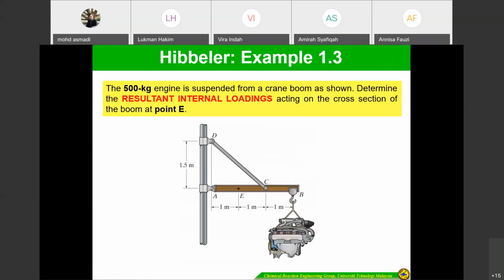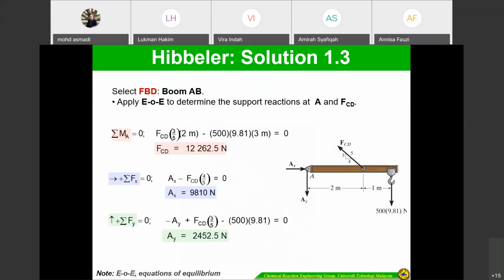The 5,000 kilogram engine is suspended from a crane boom, as shown below. Determine the resultant internal loading acting on the cross section of the boom at point E. What you have to do is draw the full free body diagram.